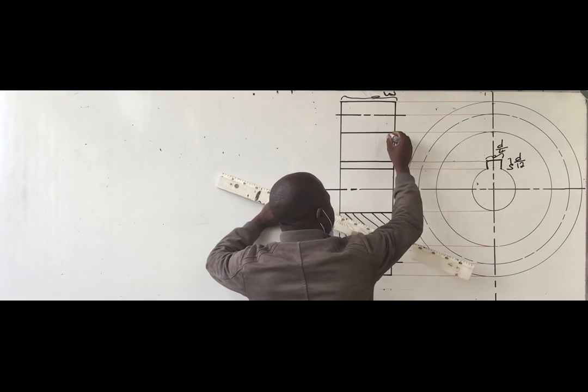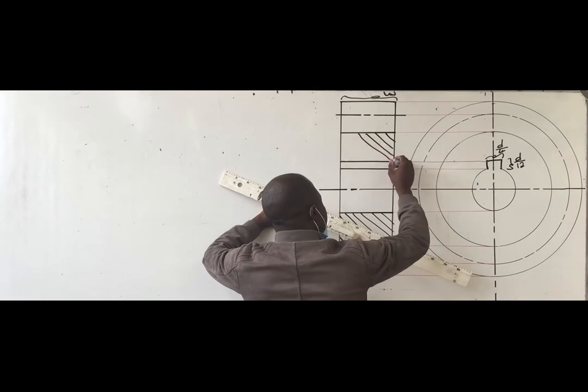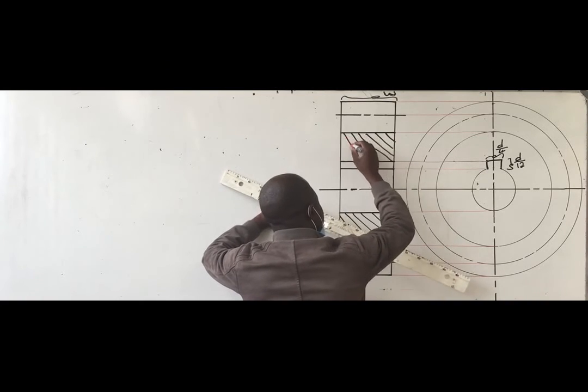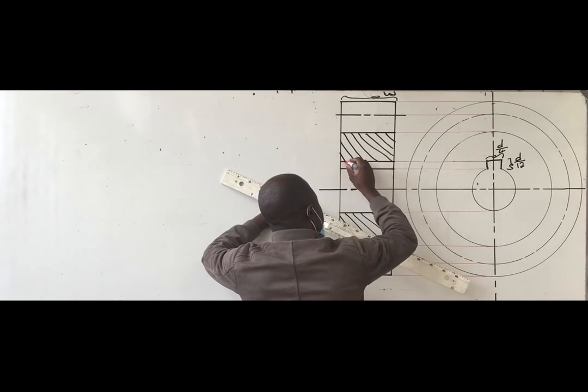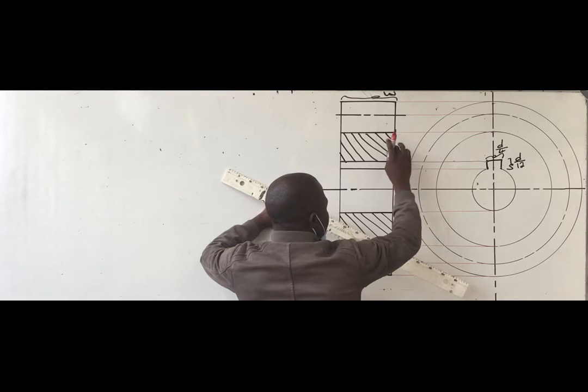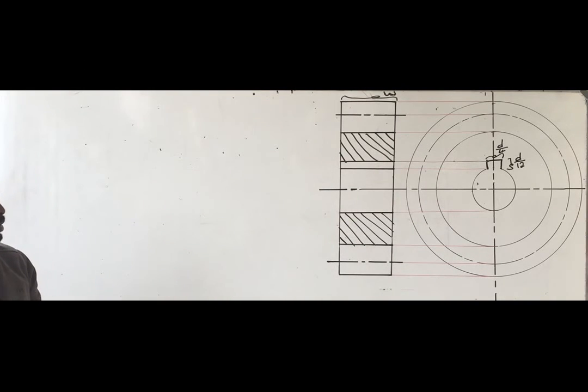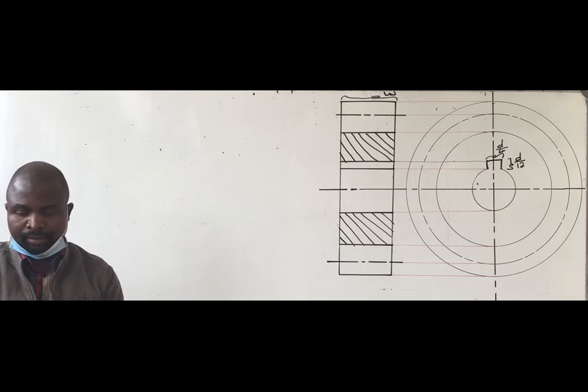But when you section, your sectioning must end on this line. It must not go to this line. It must end on that line. So that is your full sectional gear. You understand?